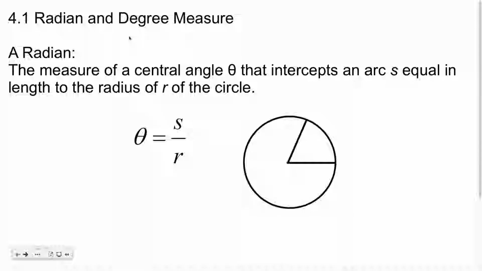So a radian is defined as the measure of a central angle that intercepts an arc S that's equal to the length of the radius.